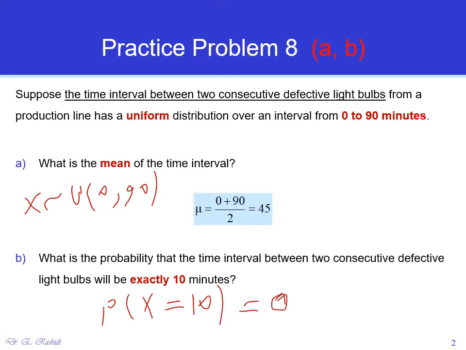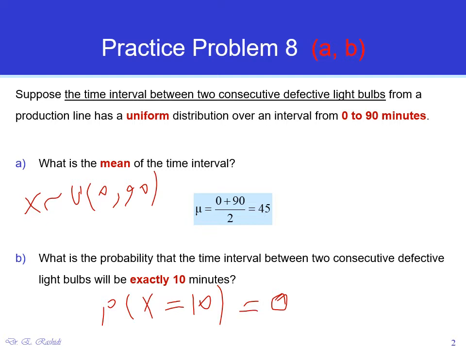And this is not only true for the uniform distribution in this example, it's true generally for any other continuous distribution. If X is a continuous random variable with any distribution, the probability that it be exactly one value is 0.